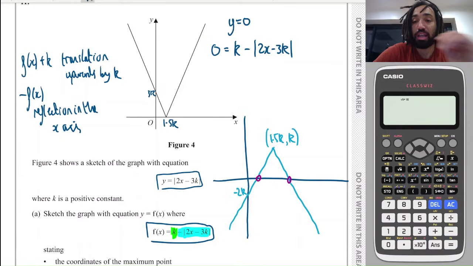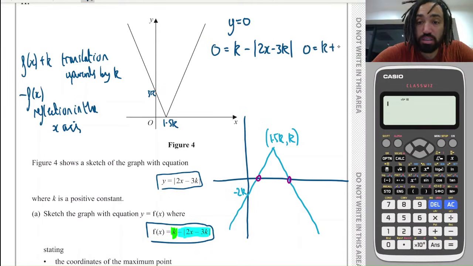And whenever I solve a modulus equation, you solve the original equation, and then you solve when you change the modulus sign. So I'm also going to solve k plus 2x minus 3k. Okay, let's solve this one first. We're going to get 0 equals k minus 2k, and then we're also going to get minus 3k, so that's plus 3k.